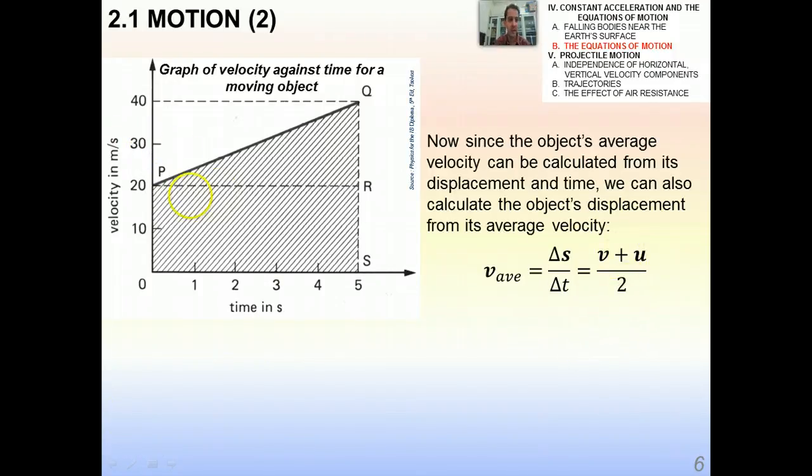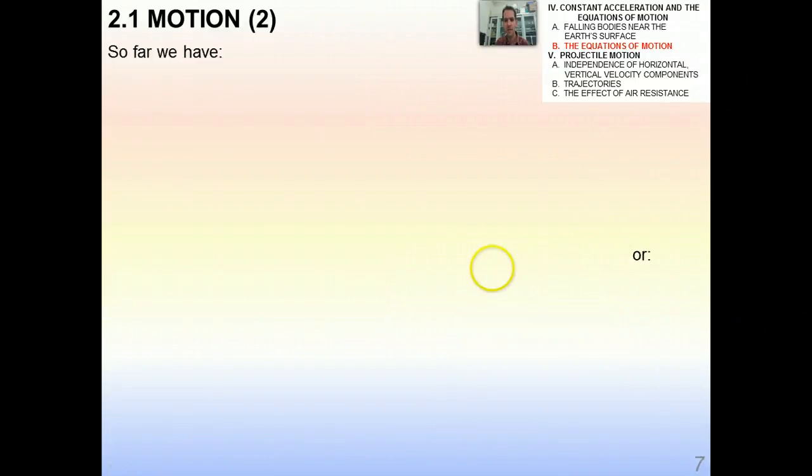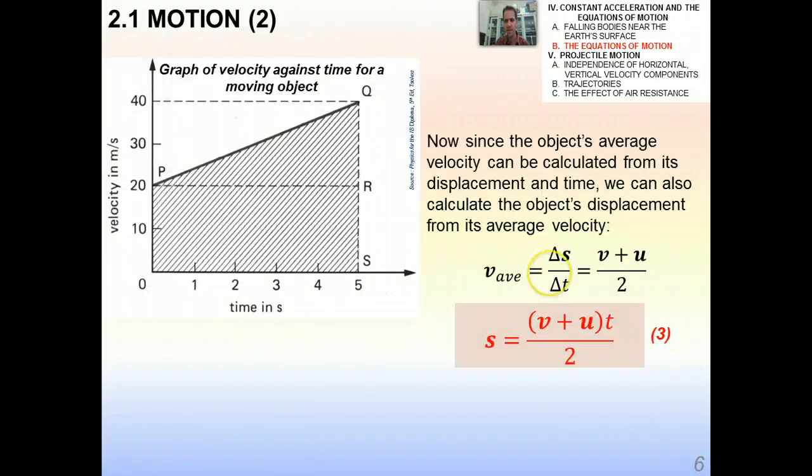In this case, it's going to be 30 meters per second because 30 is right in the middle of this uniform motion here. And that's the change in displacement over the change in time. If I solve this for delta s, or the displacement, I get (v plus u) over 2 times t. I just multiply both sides by t. That's my third equation of motion, which comes from the average velocity. Make sure that you get that.